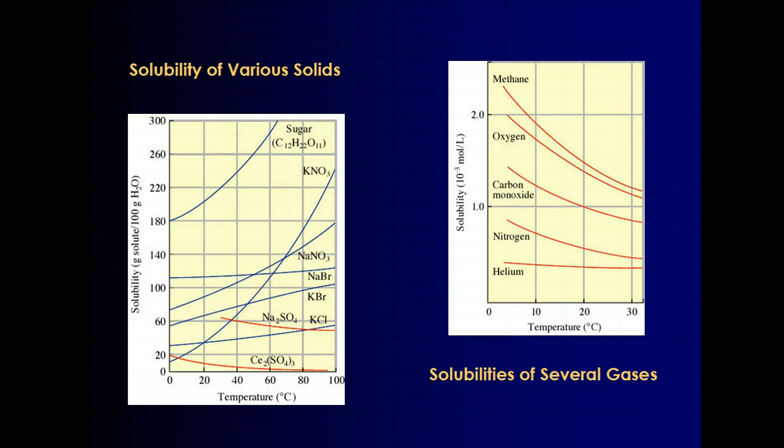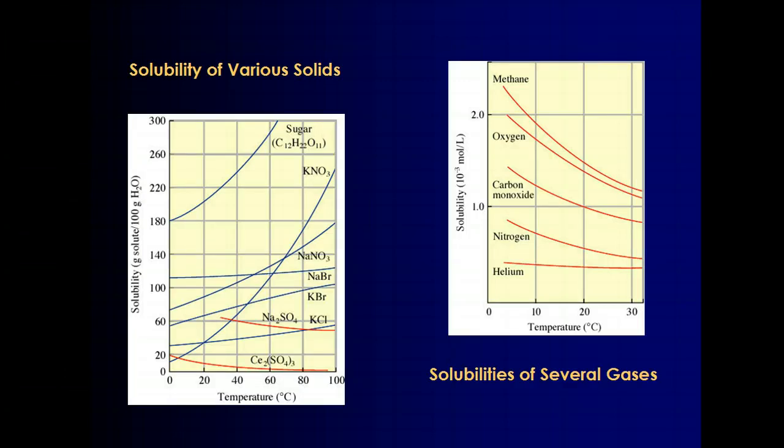So here's a couple of examples of solubilities. The one on the left is for solids, the one on the right is for gases. And there's a couple on here where you see the solubility of the solids diminishing. Those are still soluble, it's just not as soluble, and they're not dramatic differences.